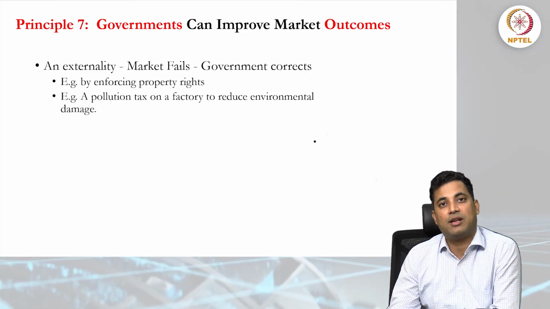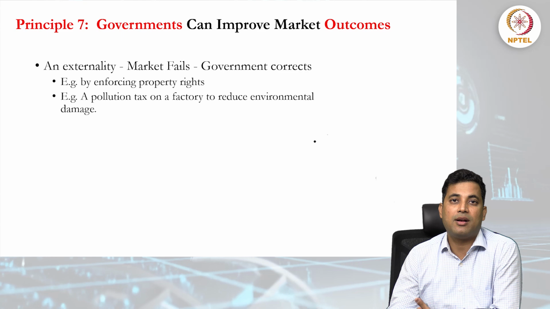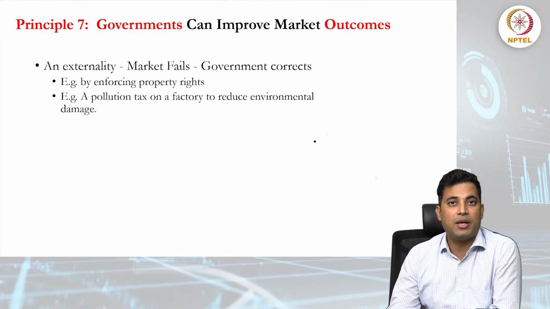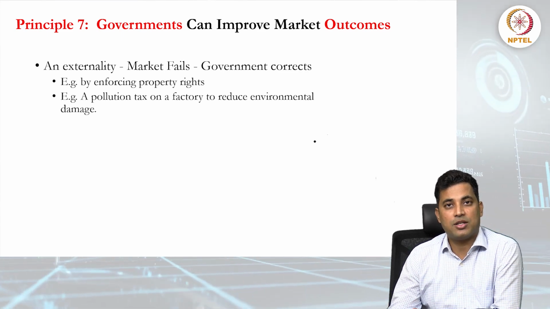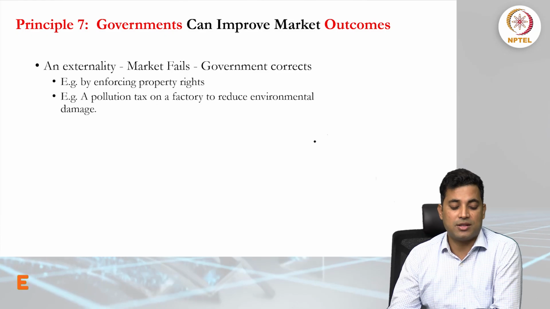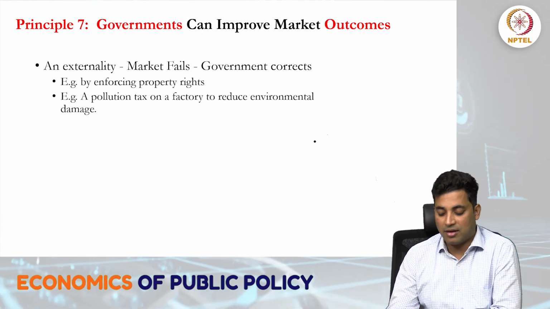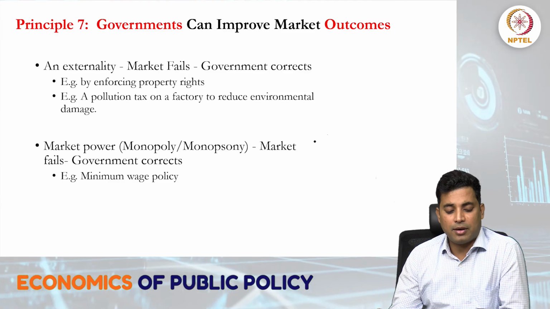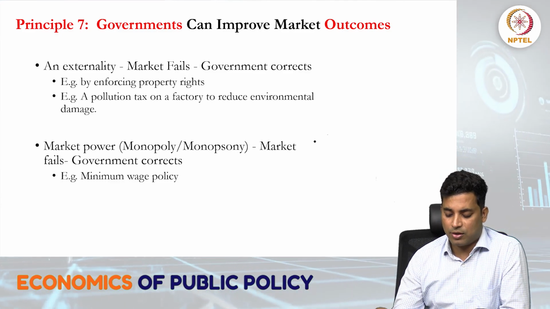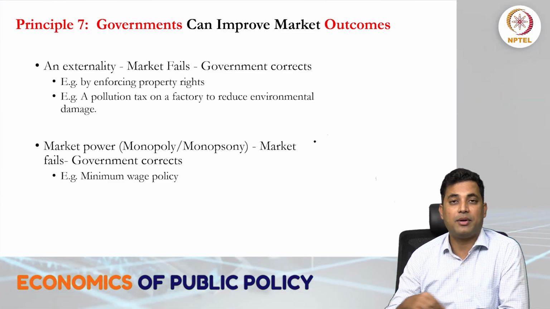So those are the policy level discussions, right? Government, or any organization, can also take corrective measures to control the externality.